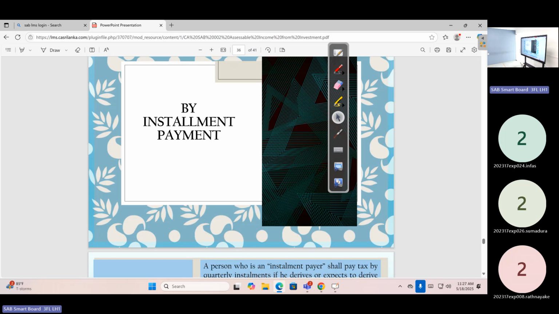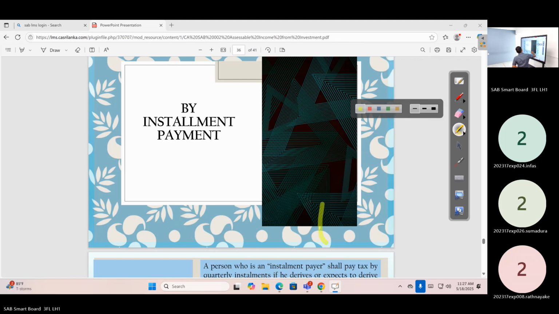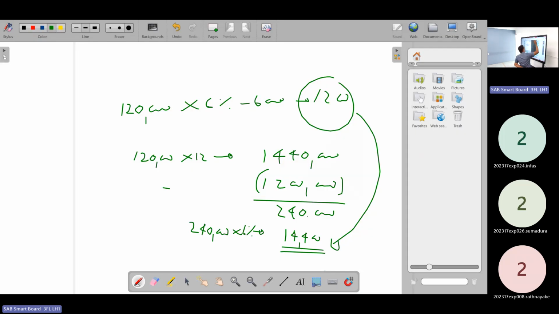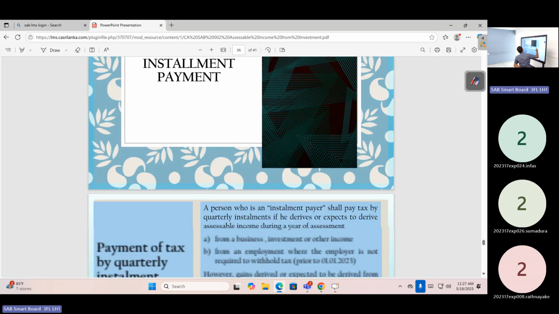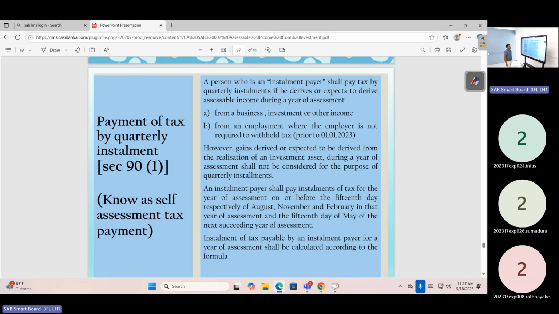Right? So as per the law, section 9 says, a person who is an installment payer, and tax law recognizes who is an installment payer, shall pay tax by quarterly installment.